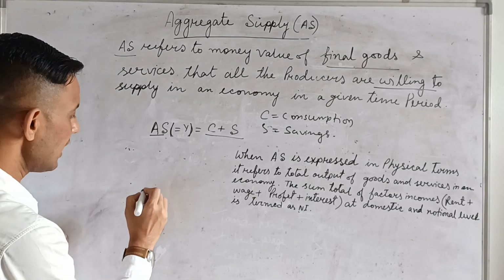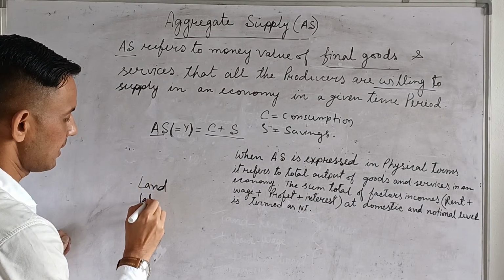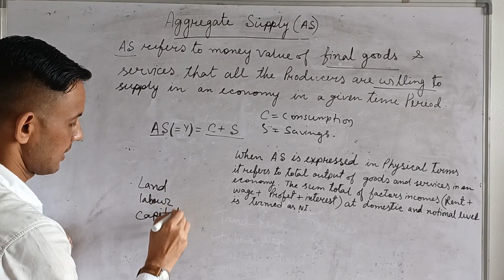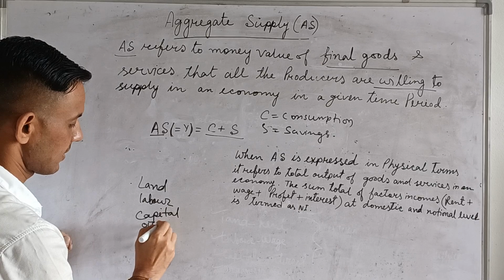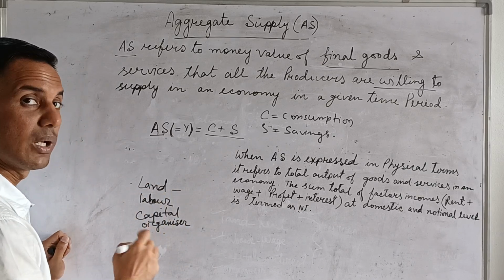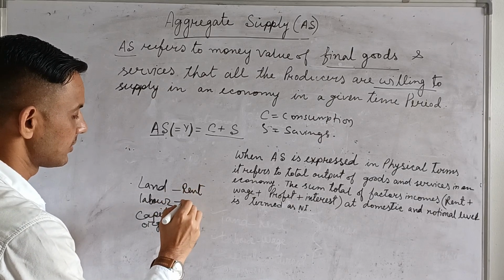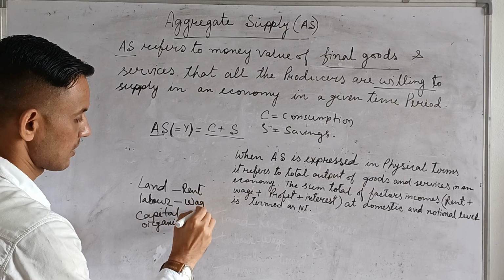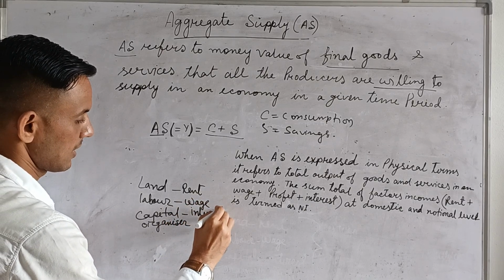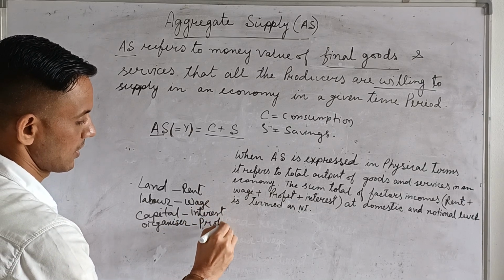So see here, suppose land, labor, capital and organizer. Land will get rent, then labor gets wage, then capital gets interest, and organizer gets profit.